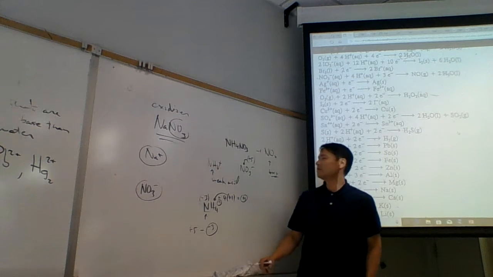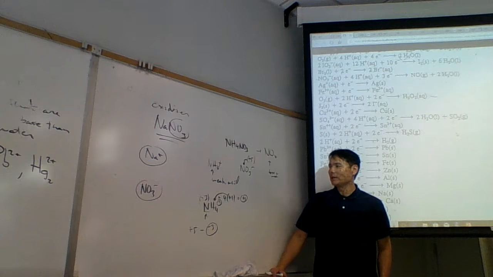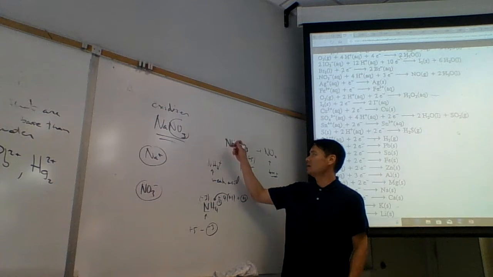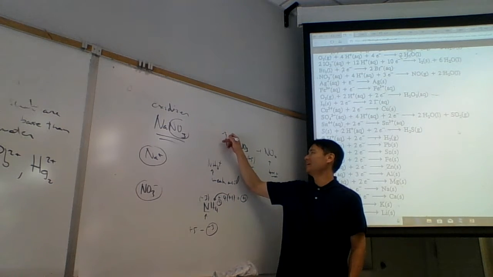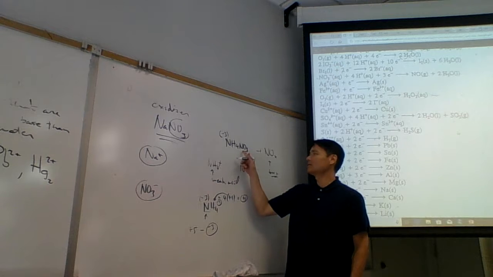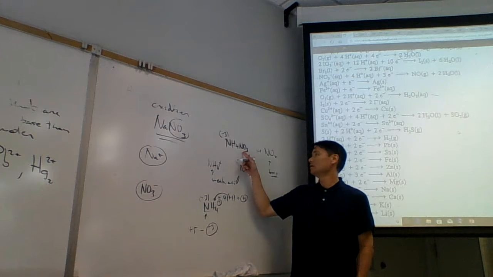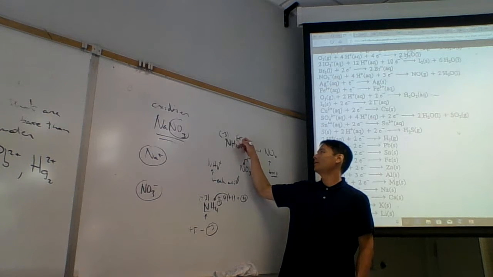In fact, this is a very unhappy compound. Do you know why this is an unhappy compound? Because if you look at one of these nitrogens, this nitrogen is -3. In the exact same compound, there's another nitrogen. This nitrogen is +5. Wow.